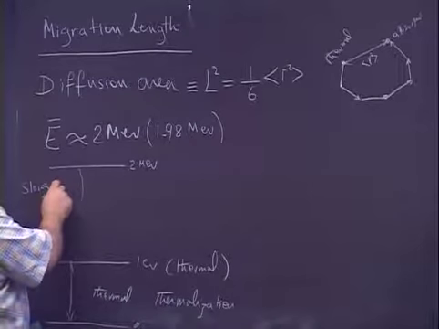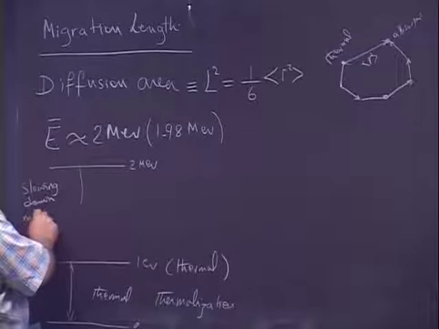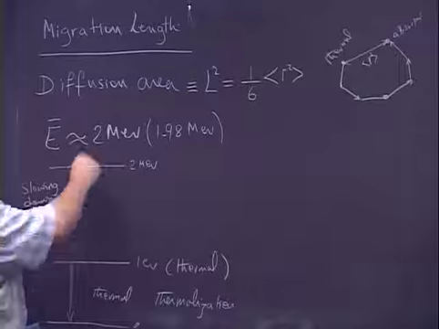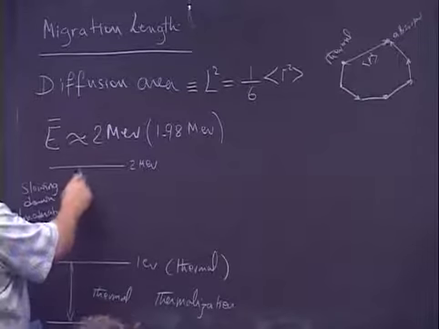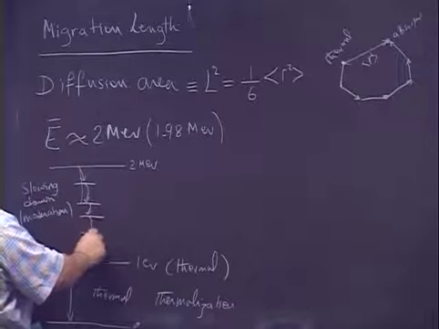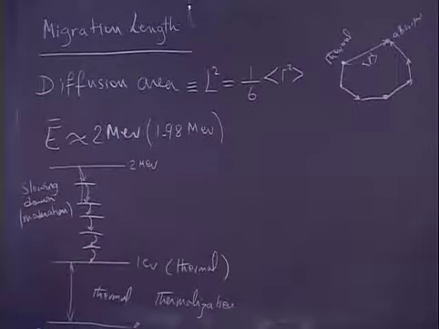While you are here, you are slowing down and reducing your energy, or moderating. Once you reach here, you get to the thermal energy region, then you are thermalizing your energy. You equate, or homogenize, your energy with the medium itself.